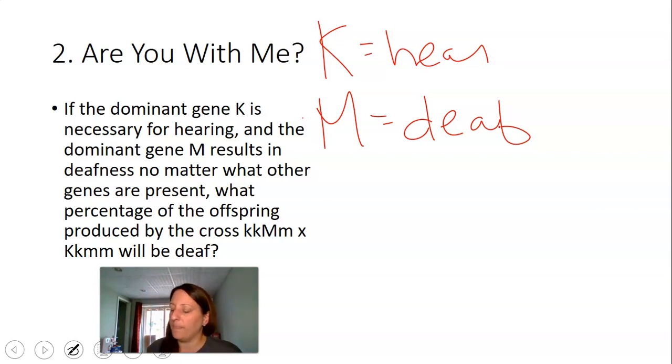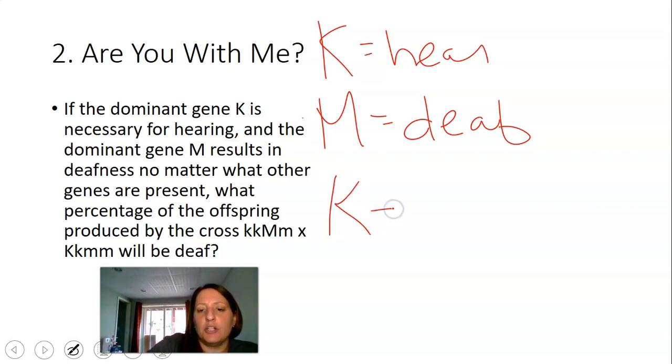Okay, so first off, before we answer and do the Punnett square, let's think about the possibilities here. In order to be able to hear, an individual must be big K, dash, little m. That's the only way that you're going to get hearing.